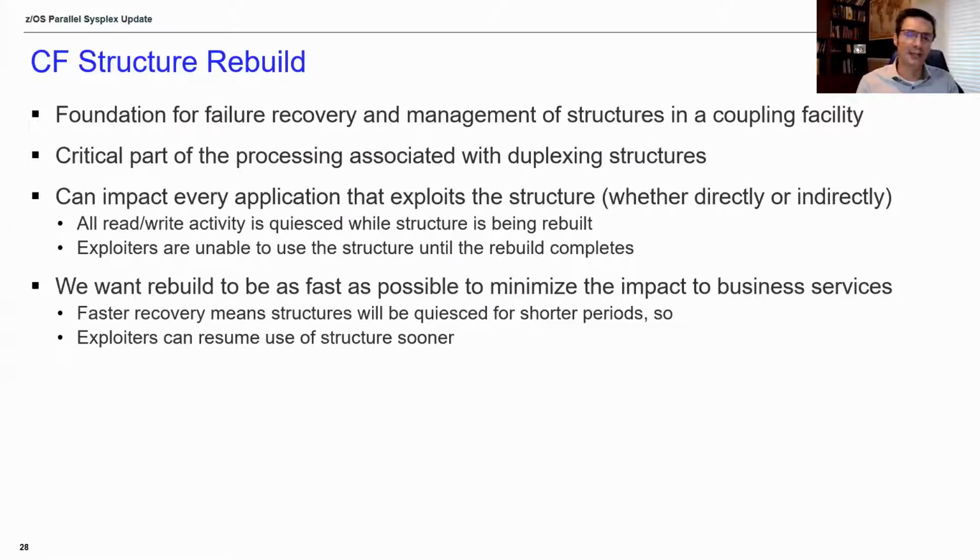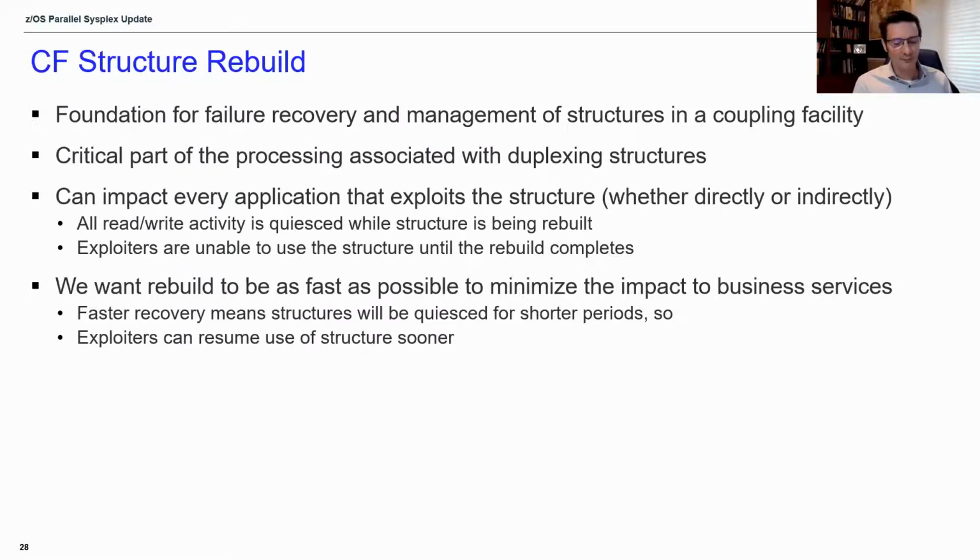This process really is the foundation for all CF structure failure handling. Even if you have duplexing, to populate a duplex structure you're going to have to do a rebuild in order to duplex that structure. So even for duplexing, rebuild does come into play.